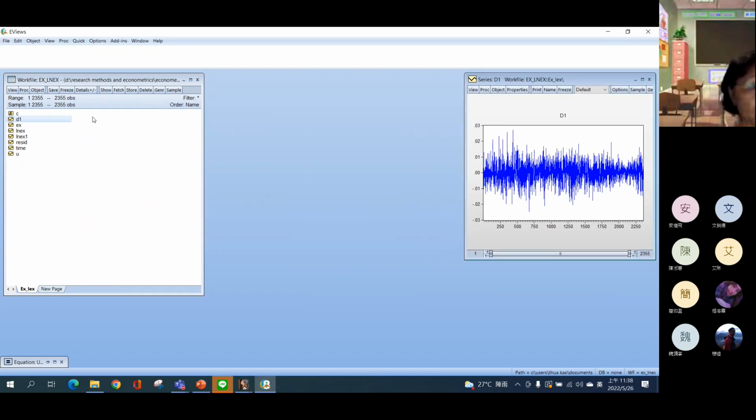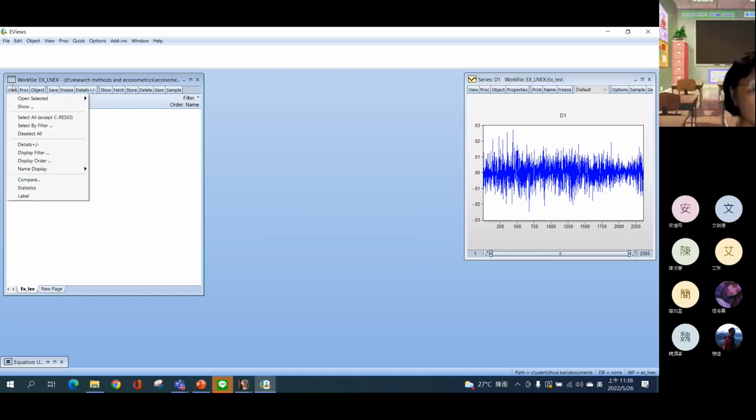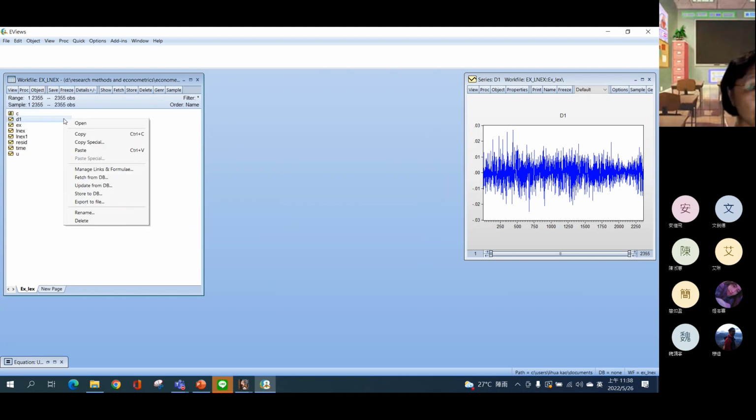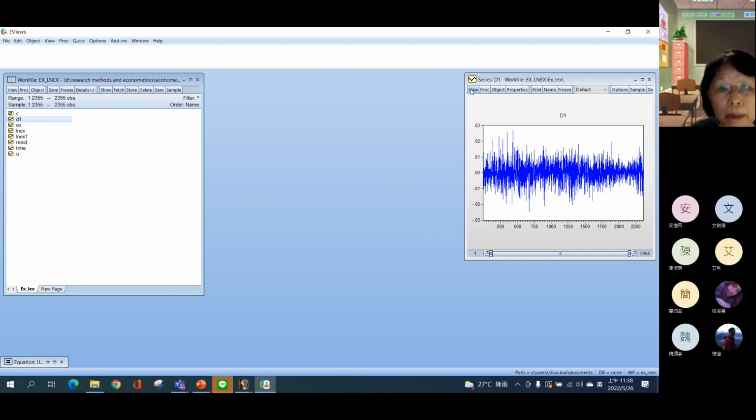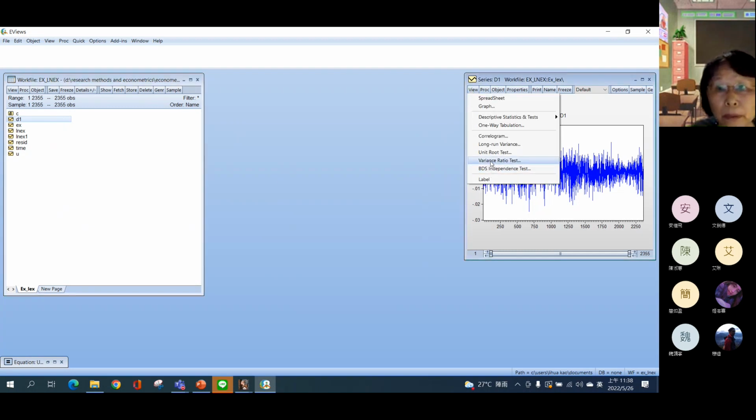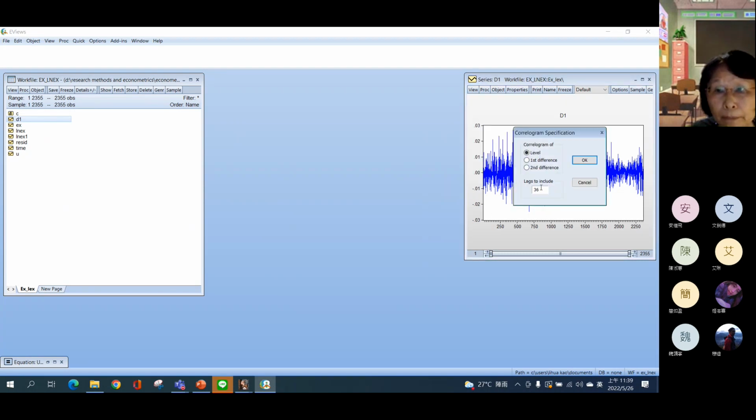And if we look at the correlogram, I'm also using 36.